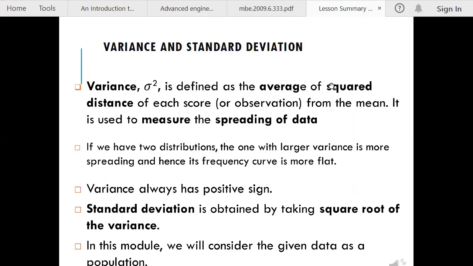We said the notation of the variance is sigma squared. We write it as sigma squared. So we call this the variance. Then we also have what we call a standard deviation. So the standard deviation is the sigma.